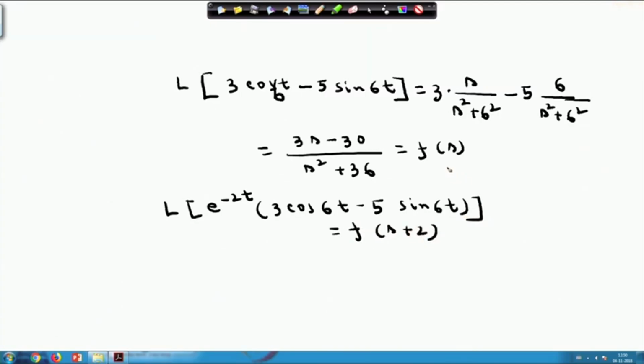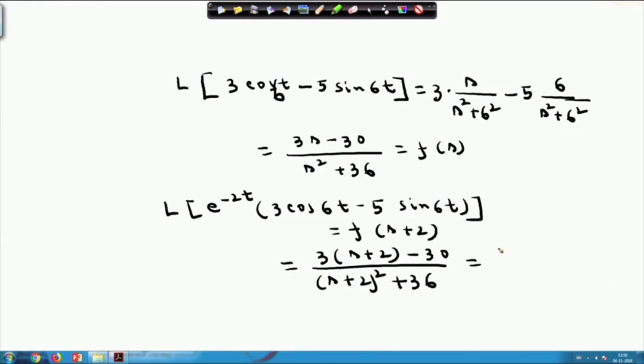So, you know what is f s. So, f of s plus 2 is nothing but 3 into (s plus 2) minus 30, by (s plus 2) whole square plus 36. This equals (3s minus 24) if you evaluate it, divided by (s square plus 4s plus 40). You see the simplest calculation.